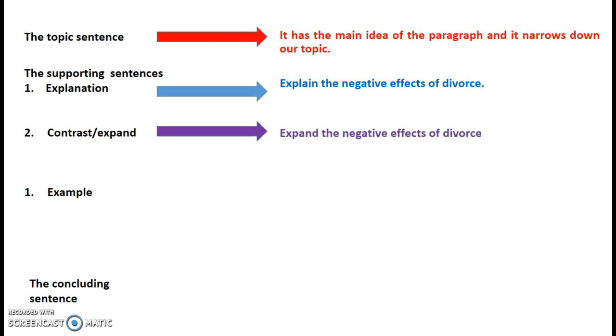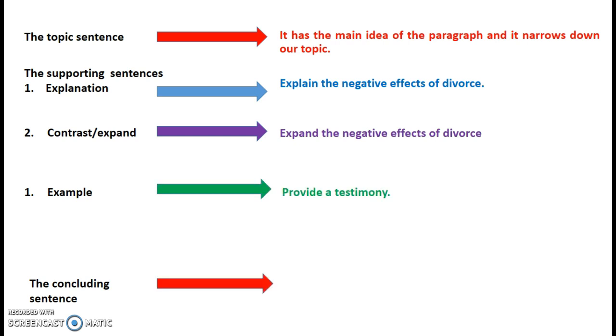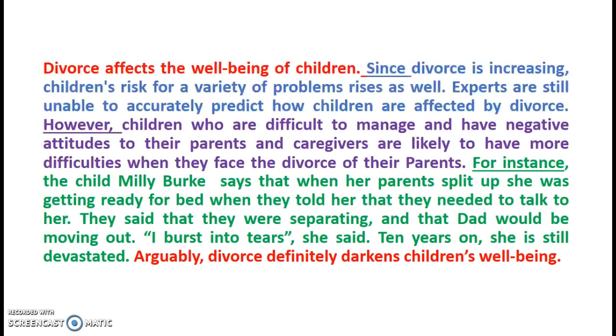I'm gonna try to expand on the negative effects, and I'm gonna try to provide a testimony. And at the end, I'm gonna conclude by restating the main idea. It means I'm gonna go back to the topic sentence. That's the reason why it is in red, because it's gonna have the same meaning.